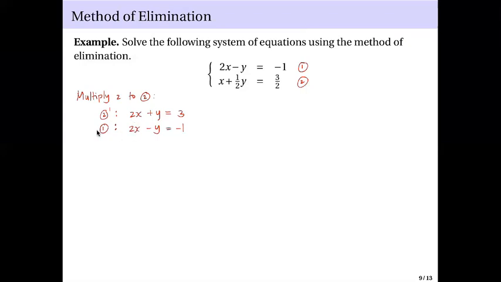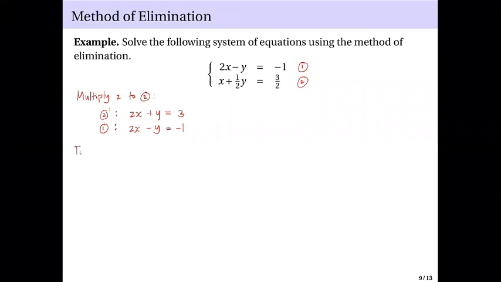You have 2x also in the first equation. So we can eliminate x. But also you have y in the second equation and minus y in the first equation. We can also eliminate y. Whatever we choose, we should get the same pair of solutions. Okay? So instead here, what we're going to do is to eliminate the variable y.